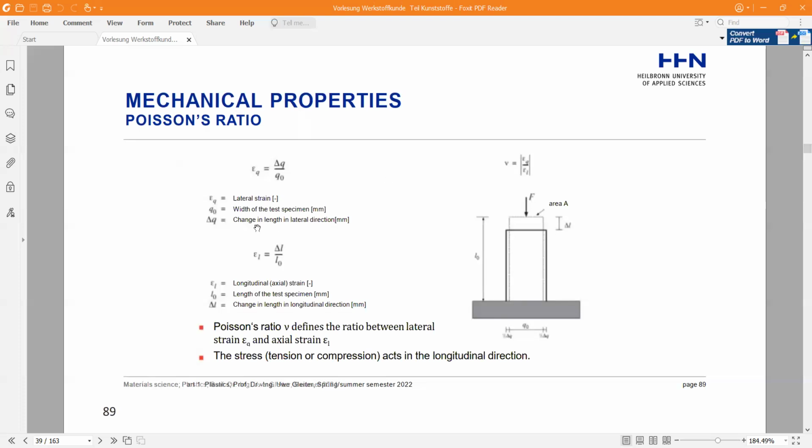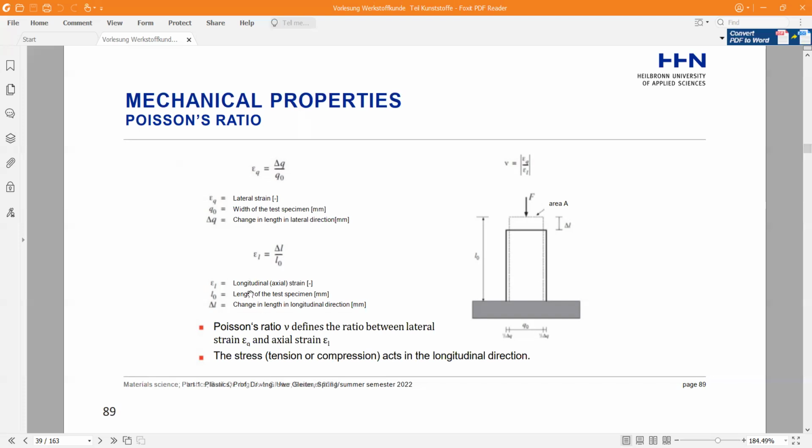Another mechanical property value is Poisson's ratio. So the lateral strain is equal to delta height of the test specimen in millimeters divided by change in length in lateral direction.